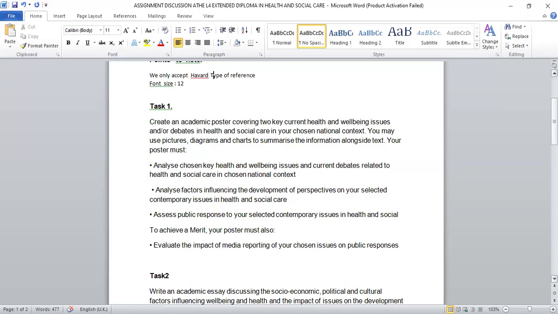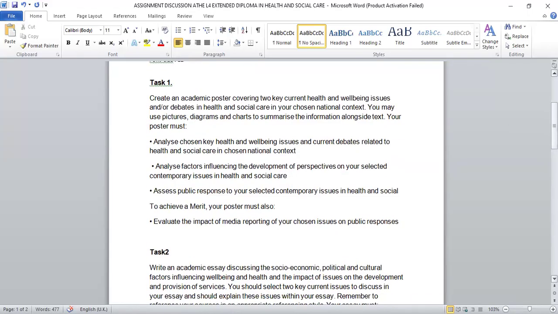Your poster, one, should be able to analyze the chosen key health and well-being issues and current debates related to health and social care in the chosen national context. Two, you should be able to analyze factors influencing the development of perspectives on your selected contemporary issues in health and social care.